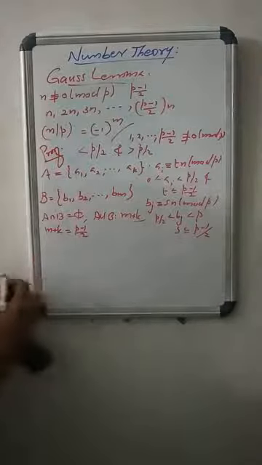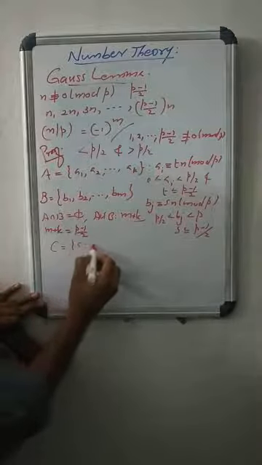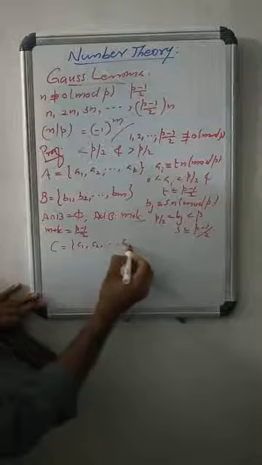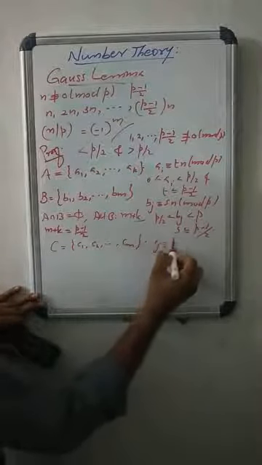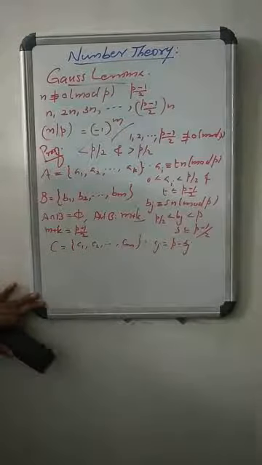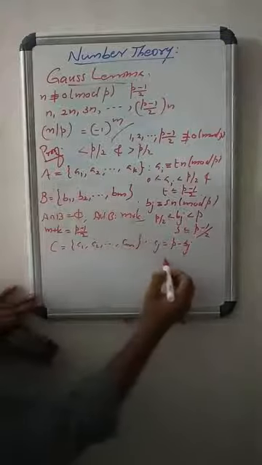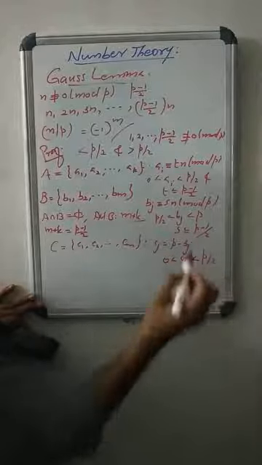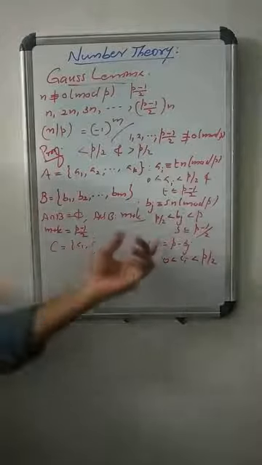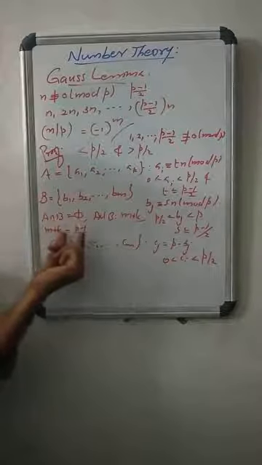Now, define another set C. C equals the set of all C1, C2, etc., Cm, where each Cj equals p minus Bj. So what is Cj? Surely 0 is less than Cj less than p/2. P minus Bj consists of m elements.